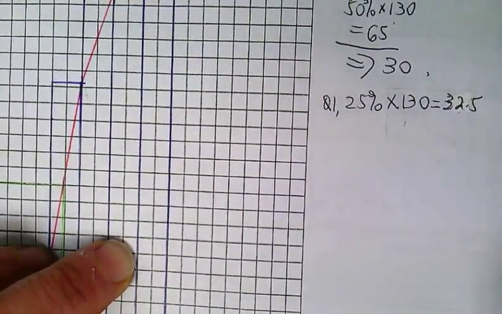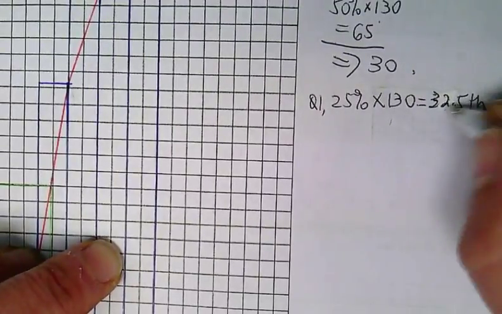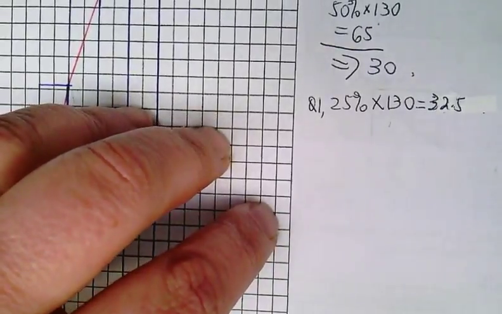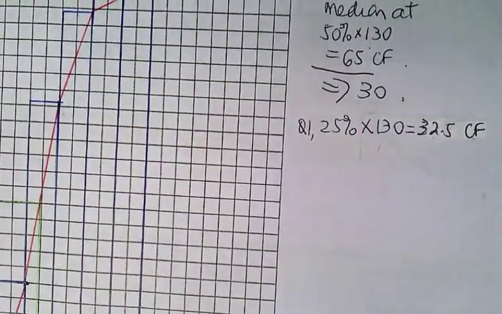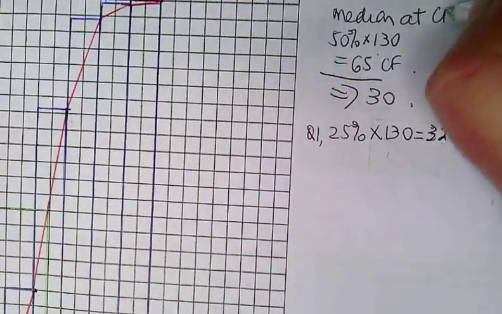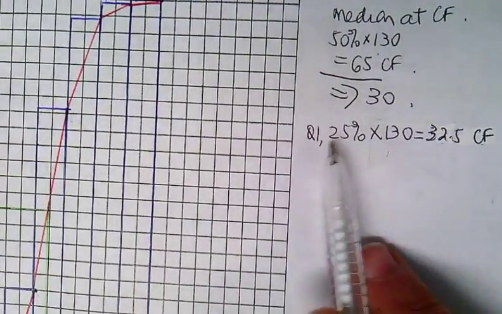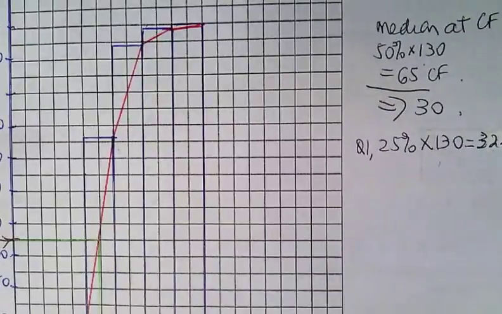So I come across roughly at 32.5 for my cumulative frequency. So the median was at a cumulative frequency of 65. Okay, so median at CF 65. Q1 is at CF of 32.5.